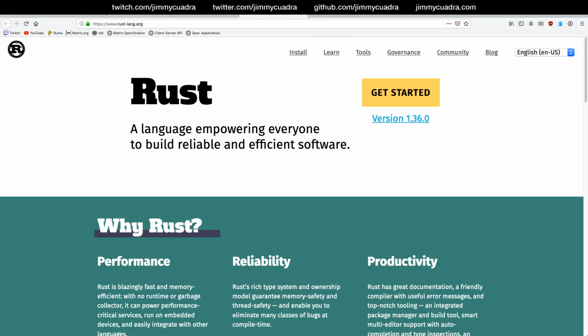So it's intended for what they call systems programming, which basically means writing low-level stuff. So you should be able to use Rust in any place where you would use C or C++, but you have a lot of extra guarantees about the safety and correctness of your software that you do not have in C and C++, specifically in relation to memory safety.